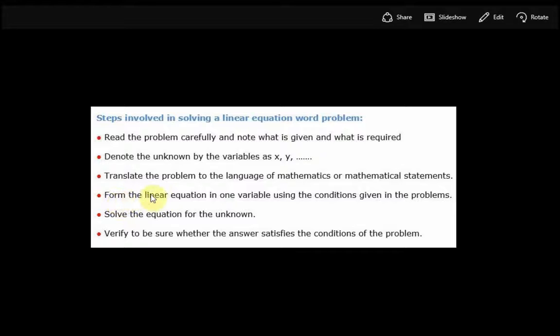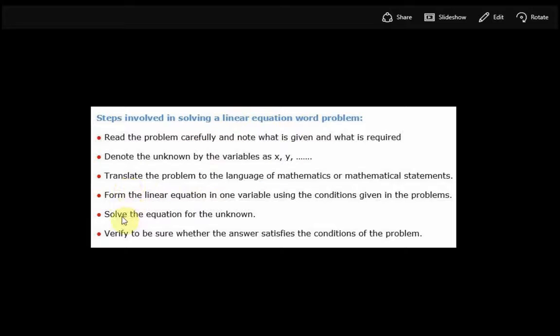This is our job. Solve the equation for the unknown and then verify to be sure whether the answer satisfies the conditions of the problem. So these are very important steps in forming and solving.